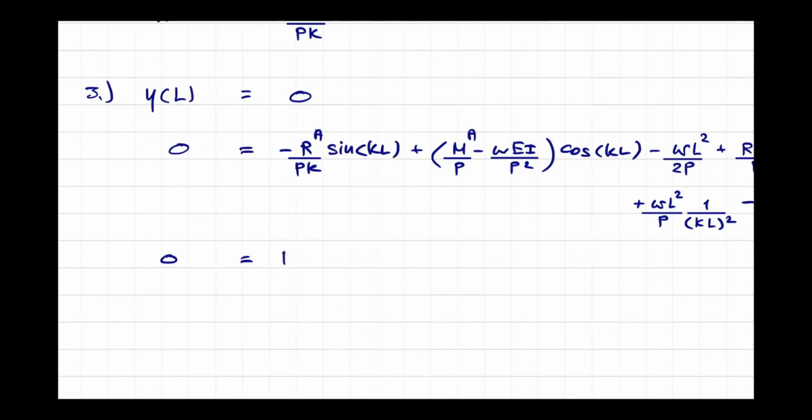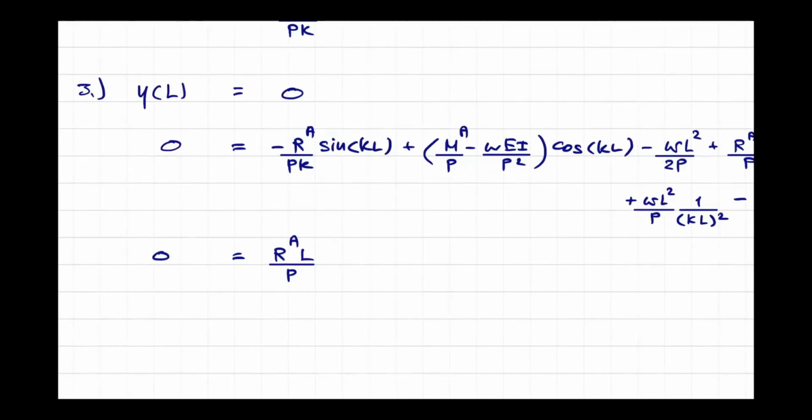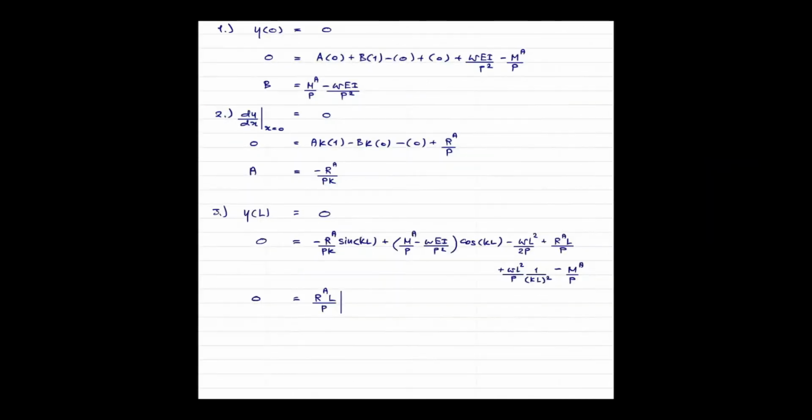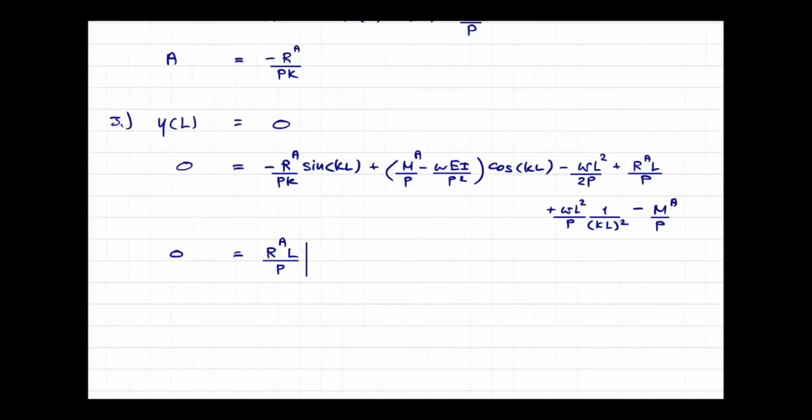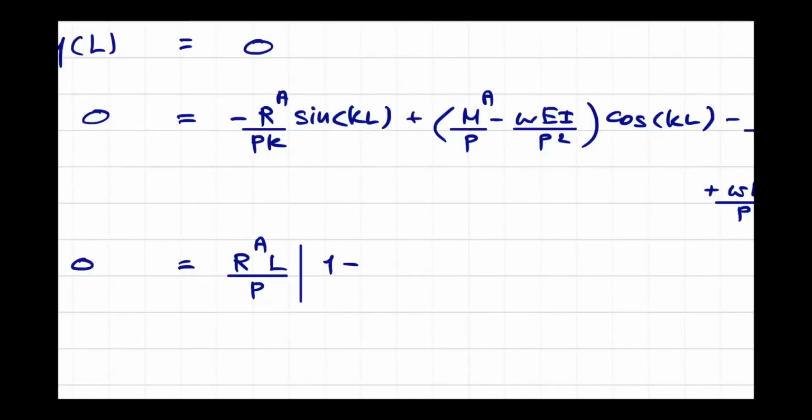So start with the L over P. This multiplies with these things inside, RAL over P, well, 1, and then minus sine KL over KL.